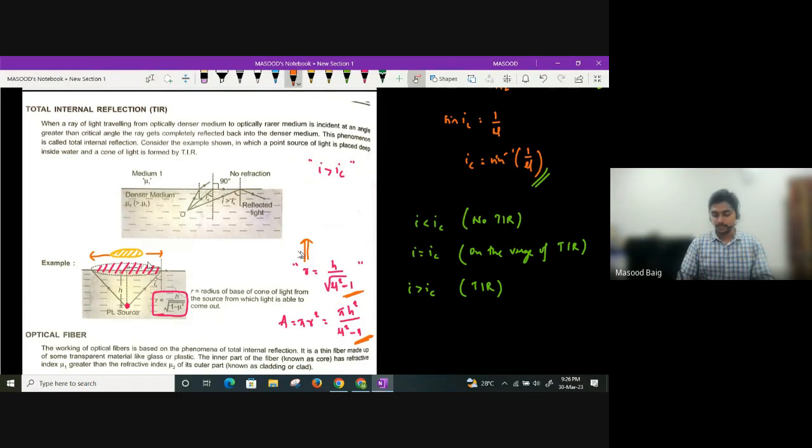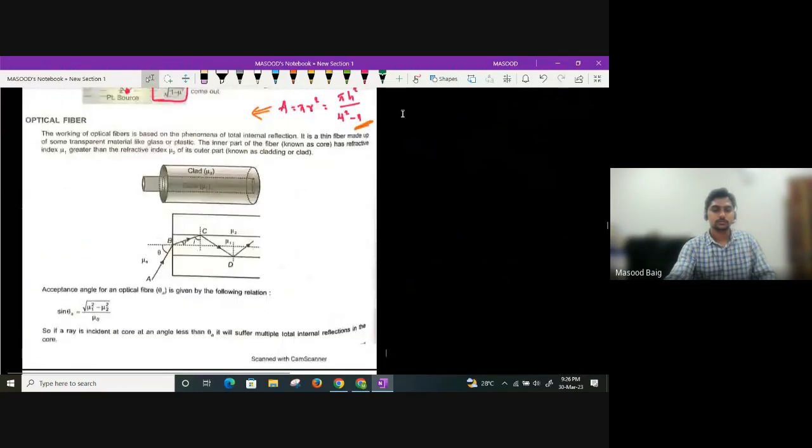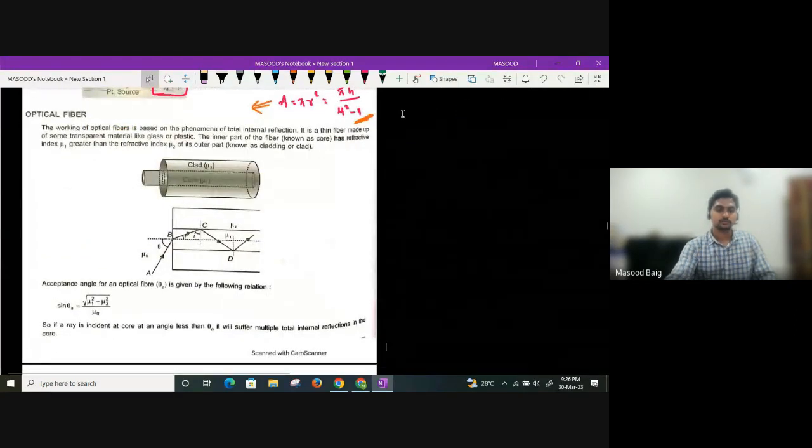In the same manner, this is the maximum radius through which a fish or an observer can see the outside world, or the minimum radius of the disk that I have to place on the surface such that I am blocking their vision. Is that clear? Yes or no, everyone? Yes, sir.